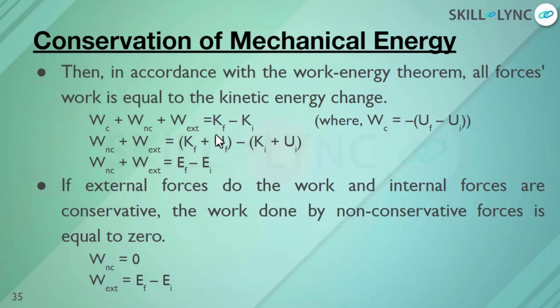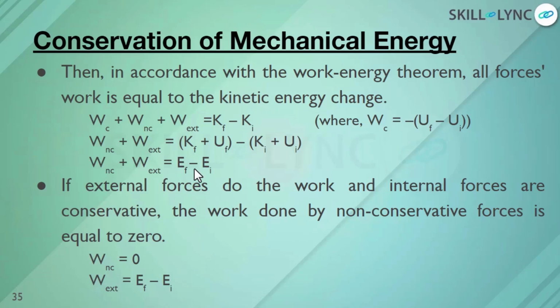Considering Kf plus Uf as the final energy of the mechanical system, we can write this as Ef. Also, considering Ki and Ui as the total mechanical energy at the initial stage of the system, we can write this as Ei. So, Ef is equal to Kf plus Uf, and Ei is equal to Ki plus Ui.